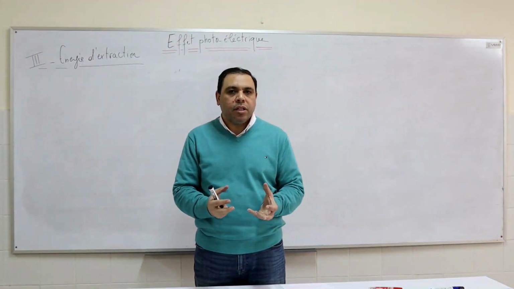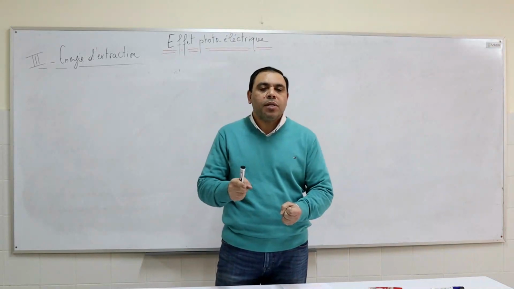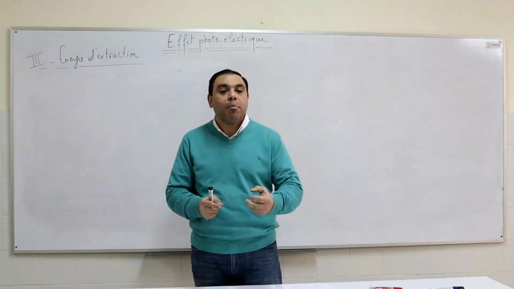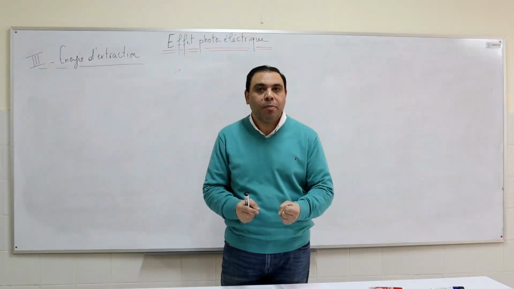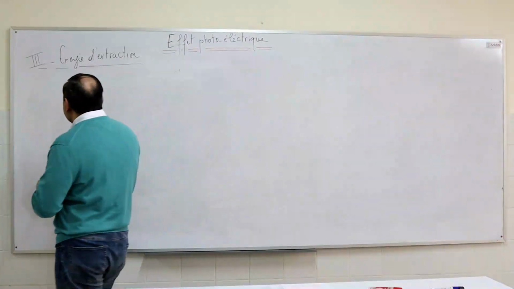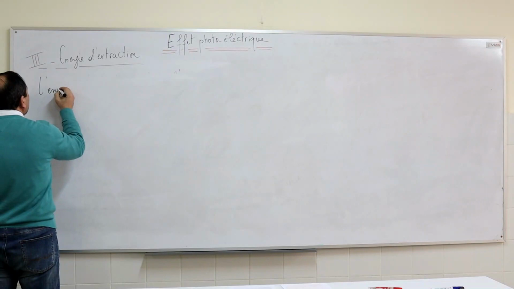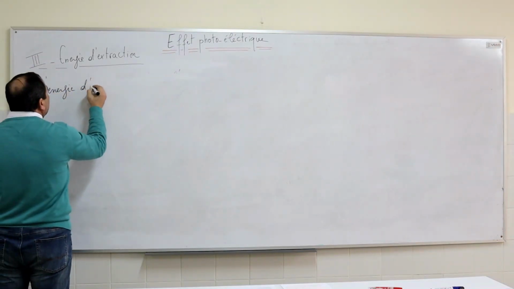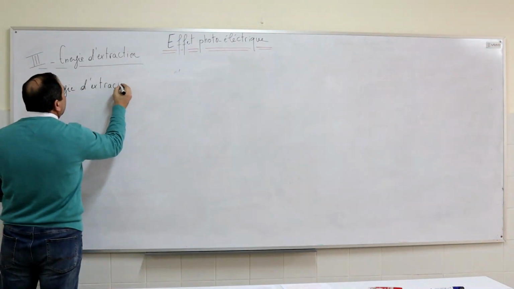To extract an electron from a metal, we need energy. The minimum value of this energy that is capable of extracting an electron from the metal is called the extraction energy. It is denoted by W0.